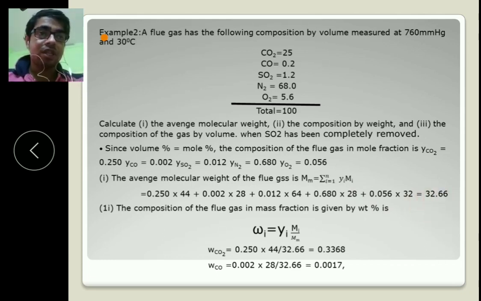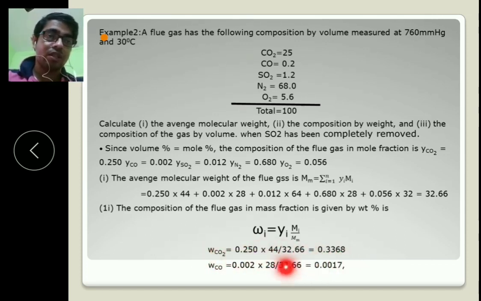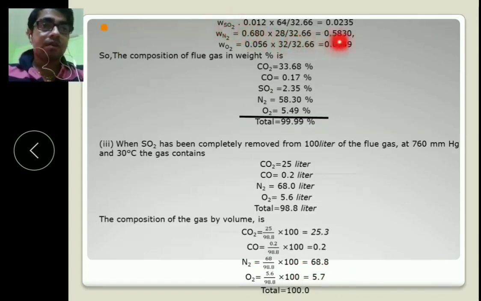Then the composition in weight percent. For weight percent, we know yi M by M mixture. Here we put all the values and find the weight fraction of carbon dioxide is equal to 0.3368, carbon monoxide 0.0017, sulfur dioxide 0.0235, nitrogen 0.5830, oxygen 0.0549.